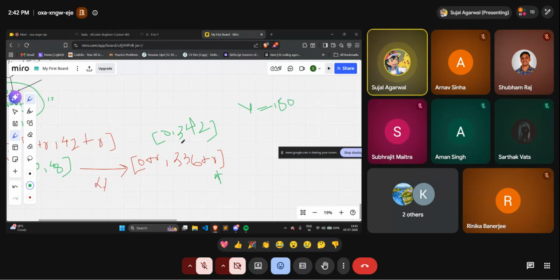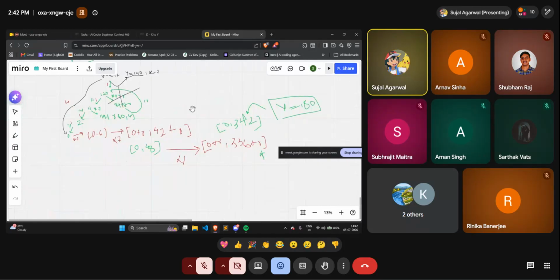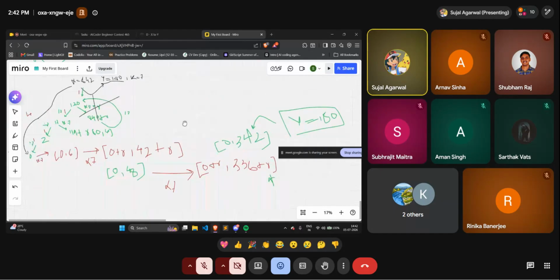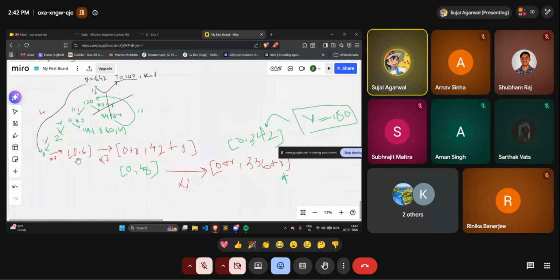So basically, we can convert any number from 0 till 342 in this set of operations. So our y lies in this range, which means that y can also be converted with the number of set operations. For y, we can take some r in between, and then we can reach up to y.